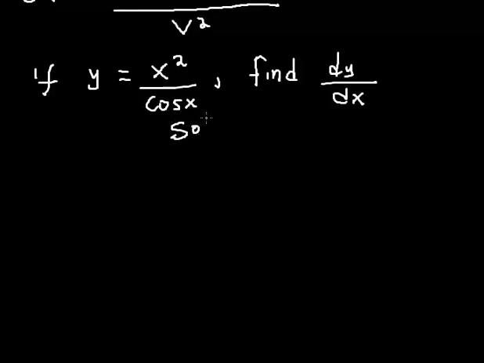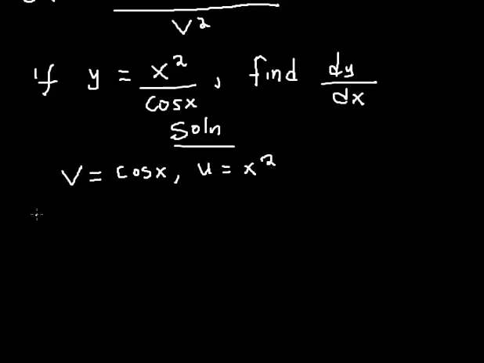Solution. Of course, in this case my v will definitely be the denominator, which is cos x, and my u is the numerator, that's x squared.